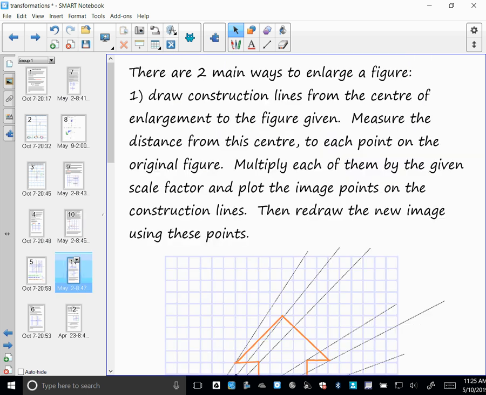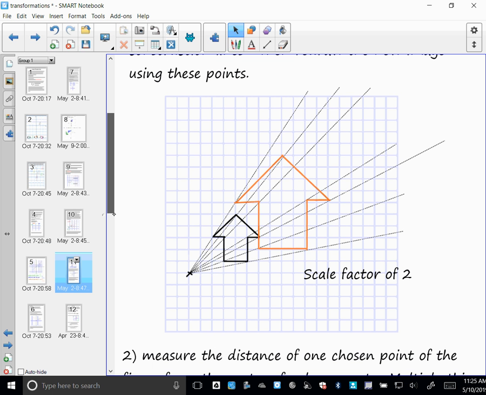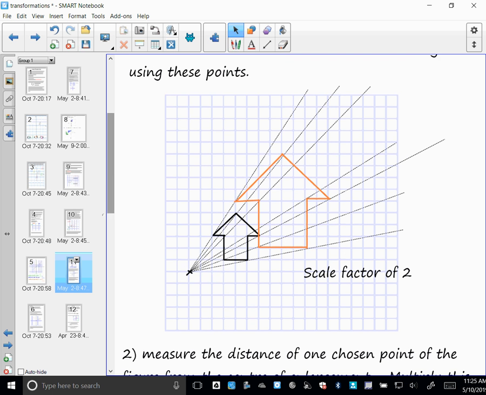Now, sometimes people don't like doing that. So this is a slightly different way, but I personally find this one a little bit too crazy. But both work. So here's my centre of enlargement. Here's my original shape. I'm having a scale factor of 2.